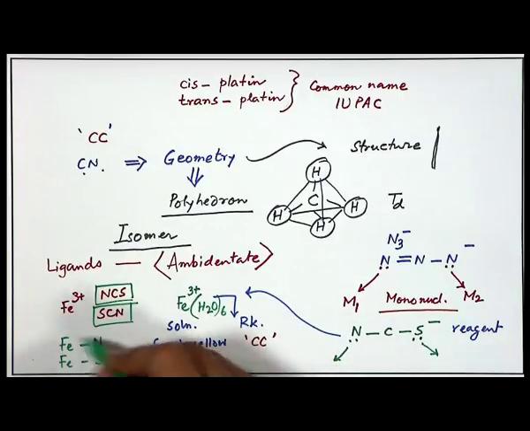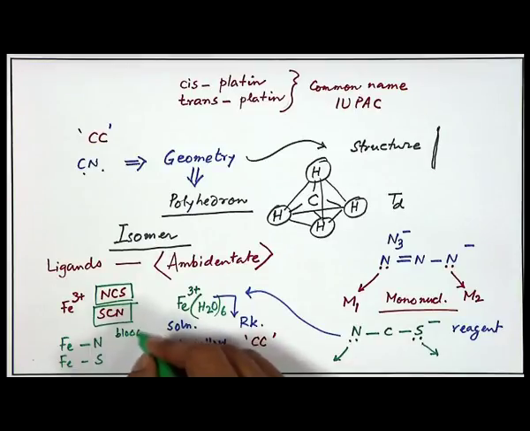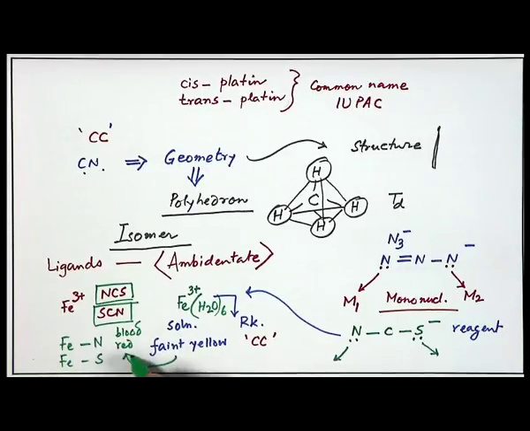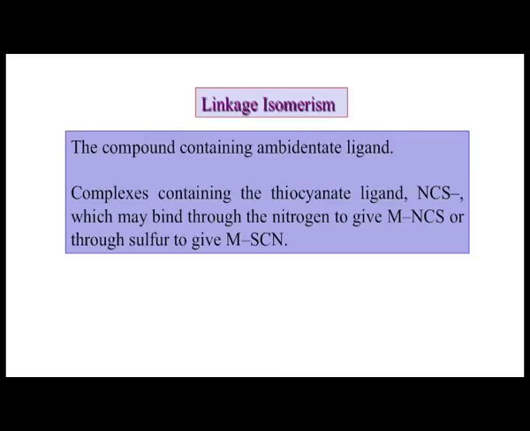So, this nitrogen is coordinating, and that will immediately change the coloration, and the color which we get, which is identifiable, is blood red. So, from faint yellow to blood red coloration indicates the coordination of the thiocyanate anion through nitrogen. This case also gives rise to linkage isomerism.